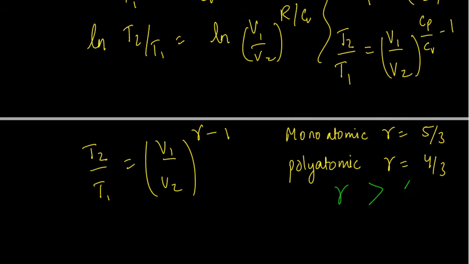Gamma greater than 1. Sir, when do we consider the vibrational? That's a very interesting question, and I think the complete answer can only be given by quantum mechanics, and I hope that will be done in the second half of this course.